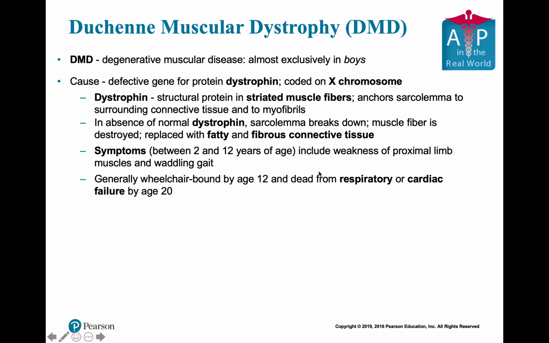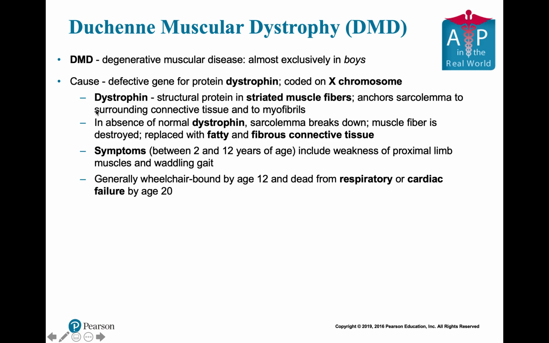And that's why it leads to weakness in the proximal limbs, usually wheelchair bound by age 12. You have respiratory failure, again, that diaphragm is skeletal muscle, and cardiac failure by age 20. So that's why. Am I going to ask about symptoms and stuff?